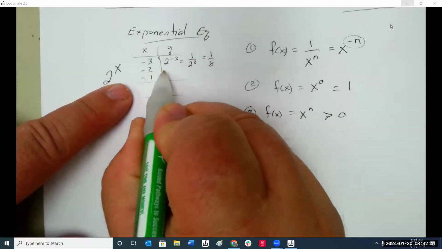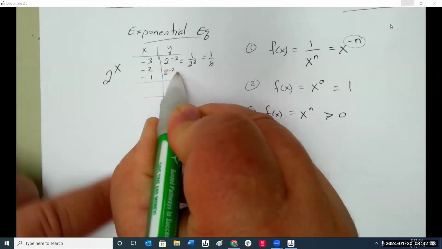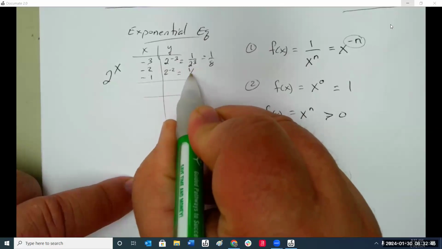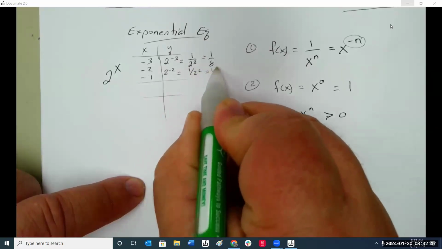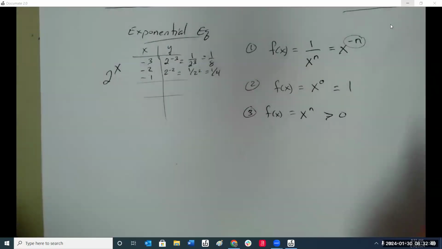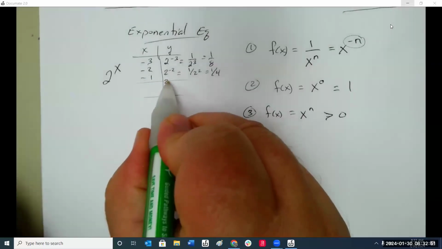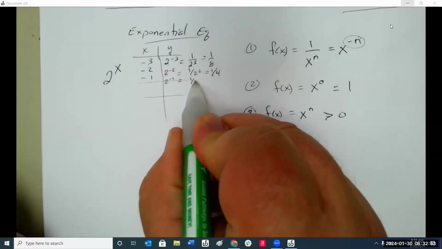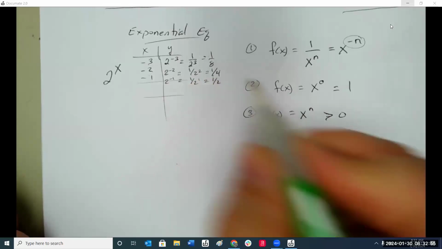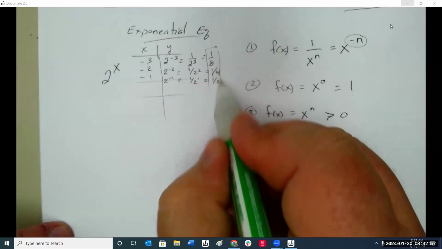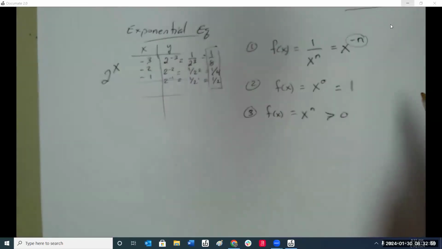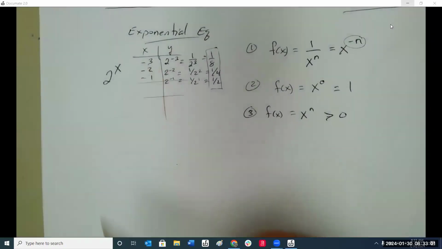If x is -2, 2 to the power -2 is 1 over 2 squared, which is 1/4. 2 to the power -1 is 1 over 2 to the first, which is 1/2. Notice the answers are still positive, even though the x's are negative.